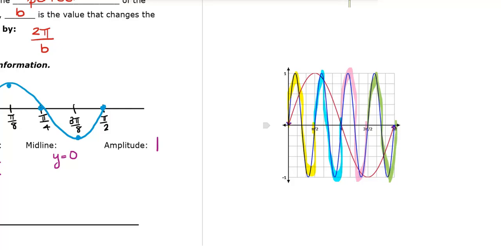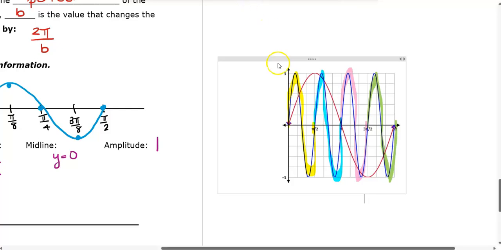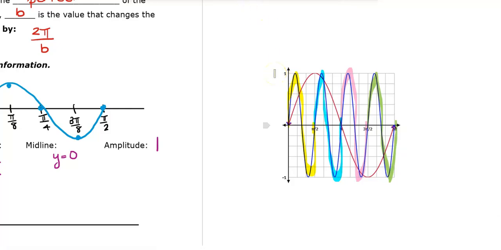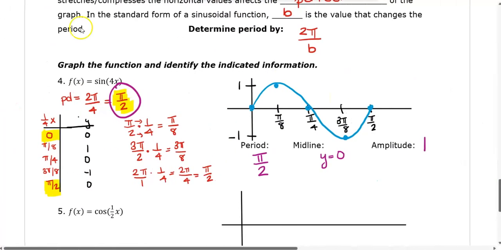So you can see I cut my period down into 4 pieces. I shrunk it to 1/4. And so that's why the graph itself is horizontally compressed by a factor of 1/4. That's exactly what happened.